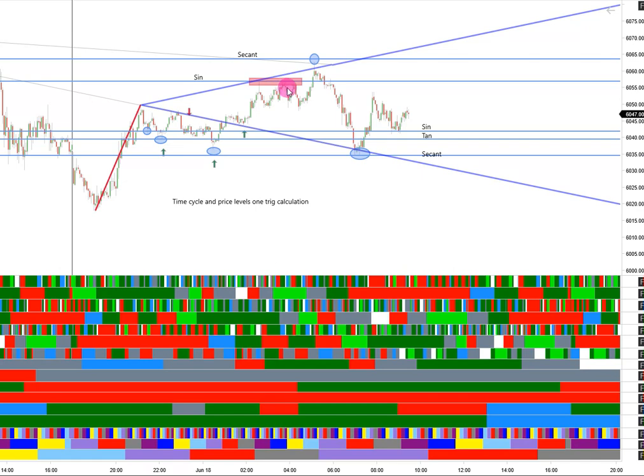It held for 3 attempts of that level before it broke. Went up to the angle again and approached the secant level. Could not quite get there once again because we also had that angle in play as resistance. Notice we got 1 wick through there. We missed the actual level by 1.25 or 5 ticks up there.